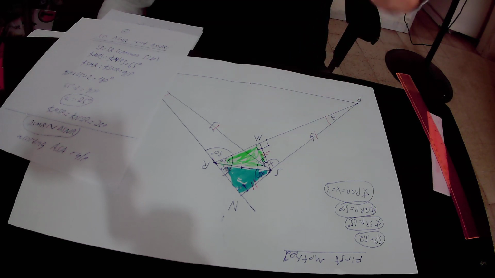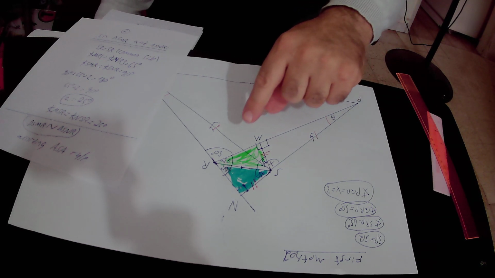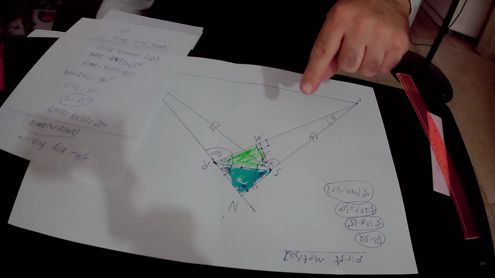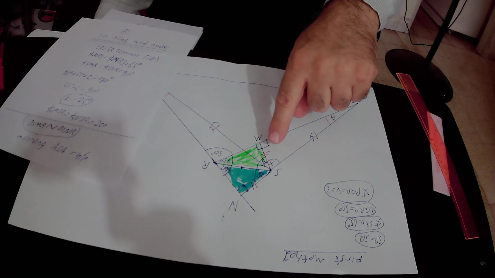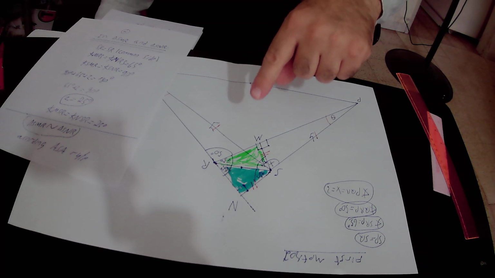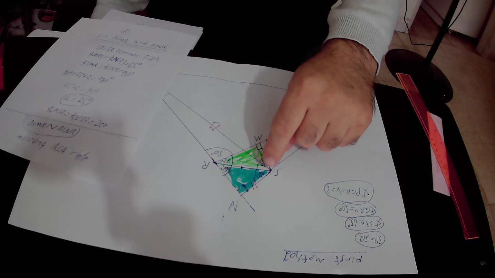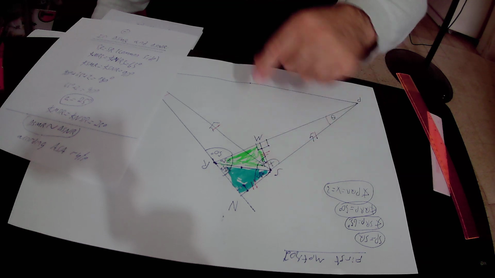So the size of the third angle must be equal to 180 degrees minus the sum of those two angles, that is actually 155 degrees. That is to say, the size of the third angle must be equal to 25 degrees, because 180 degrees minus 155 degrees is 25 degrees. So the size of these two angles are both 25 degrees, they are equal to each other.